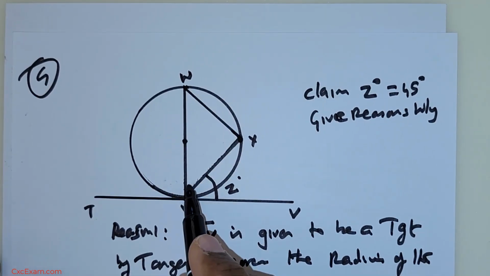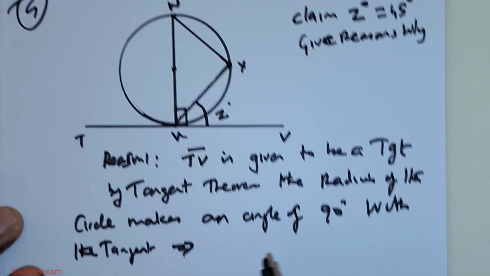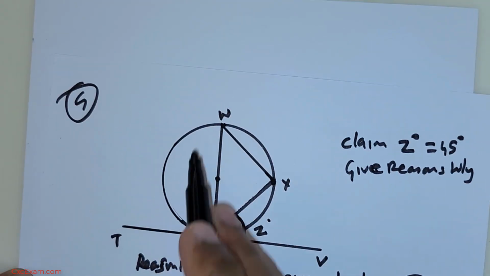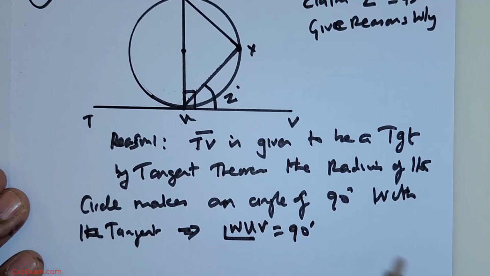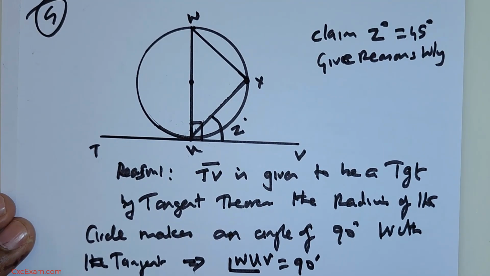So this means this is going to be 90 degrees. This means angle WUV is 90 degrees. Okay, fair enough.